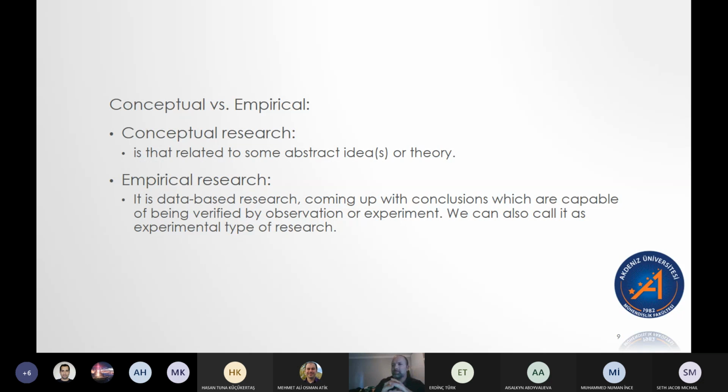We can say, okay, these are the numbers and this is what it comes back as, and therefore our hypothesis is either true or false based upon these data points that we got. Empirical is also a type of experimental, where we run an experiment and get results.